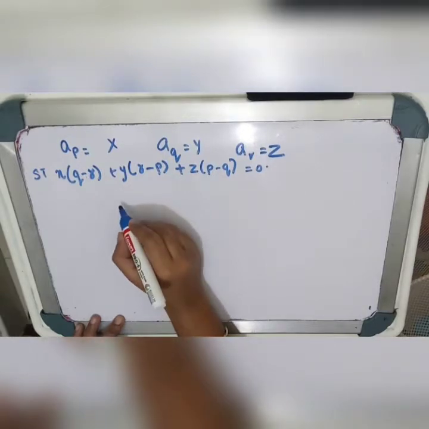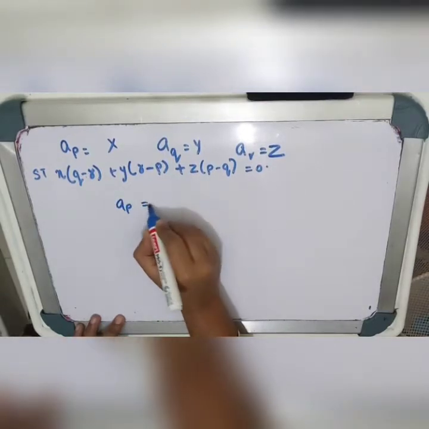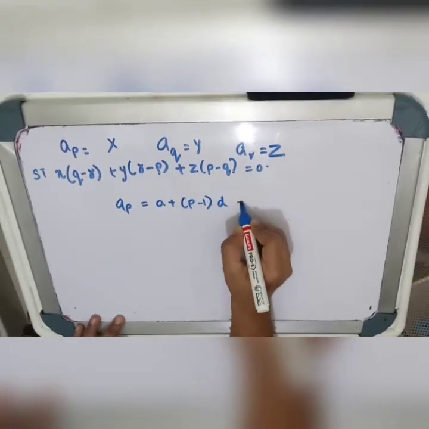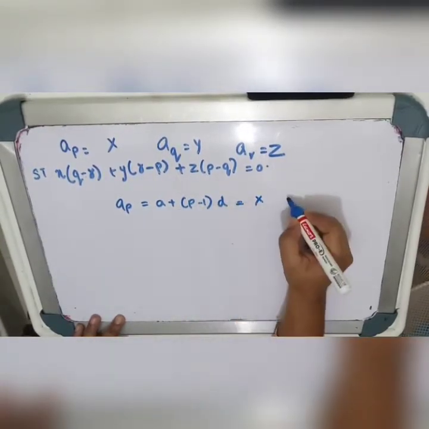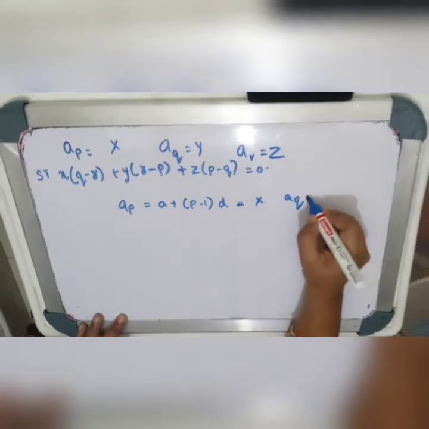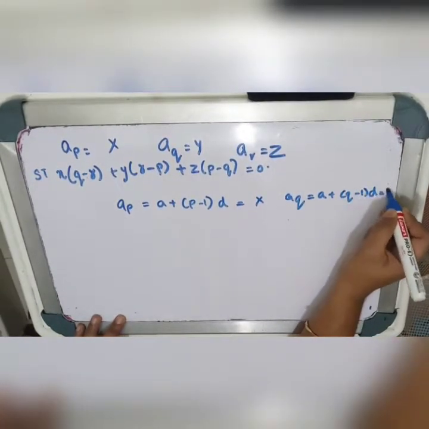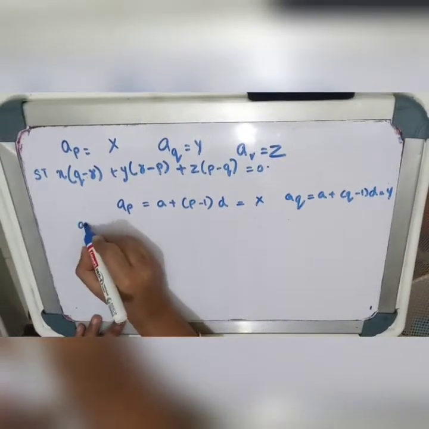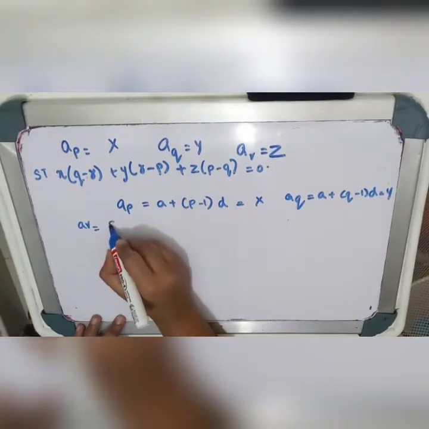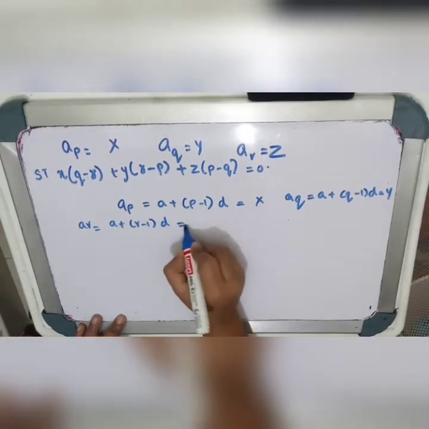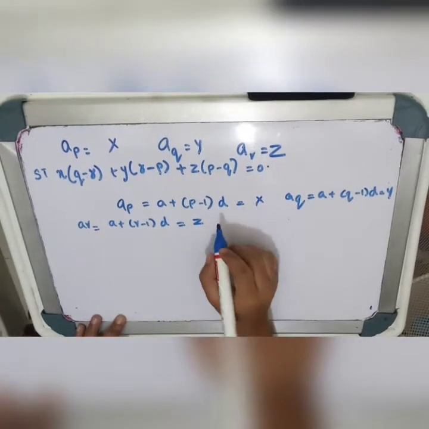So let's write the AP: a plus p minus 1 into d is x, and aq is y. Therefore a plus q minus 1 into d is equal to y, and ar is equal to a plus r minus 1 into d is equal to z.